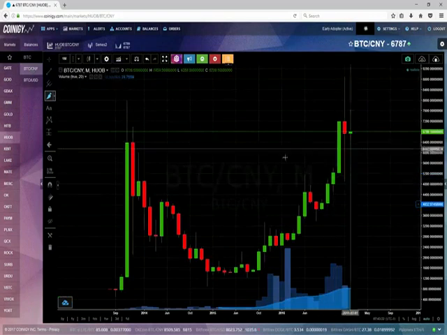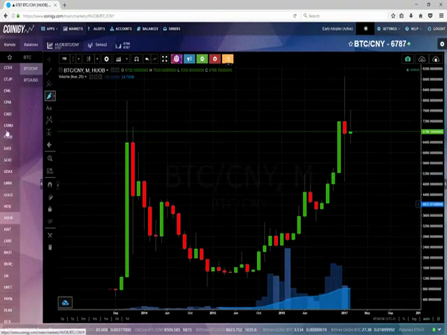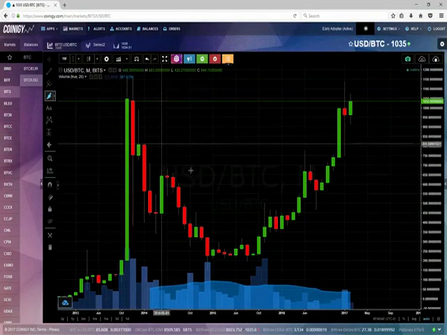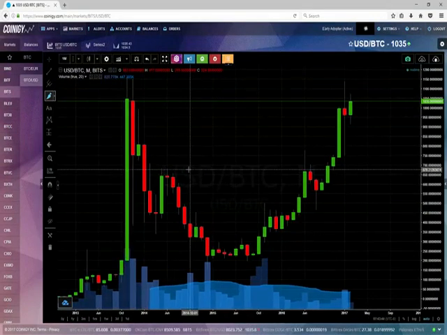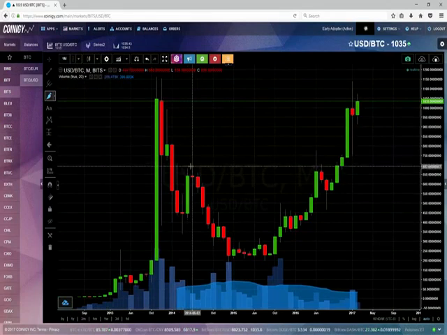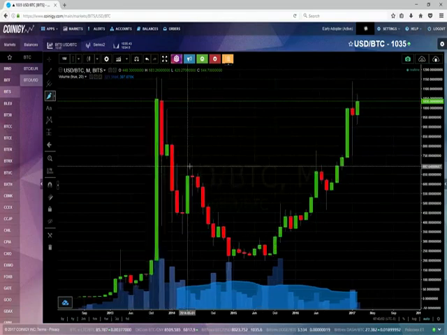I can just see that. If I want to look at some of the USD prices, I could go to Bitstamp or Bitfinex and see what the price is there. The two markets that I tend to look at the most are the USD markets and the CNY, Chinese yuan markets, predominantly because they have the most liquidity, right?